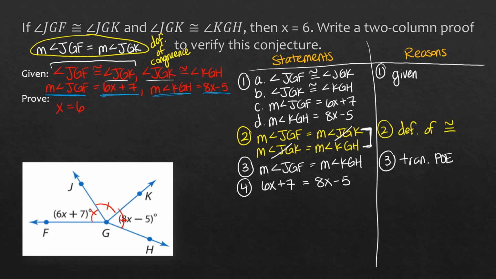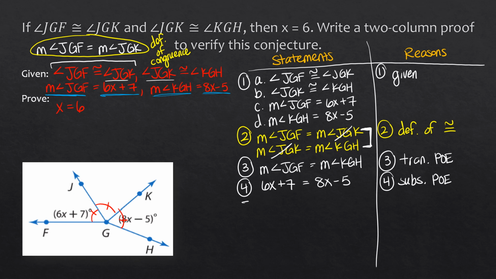And again, saying what we're doing is supposed to be a bit of a clue, right? Step 4, we just used our substitution property of equality. All right, now we're into algebra only territory.